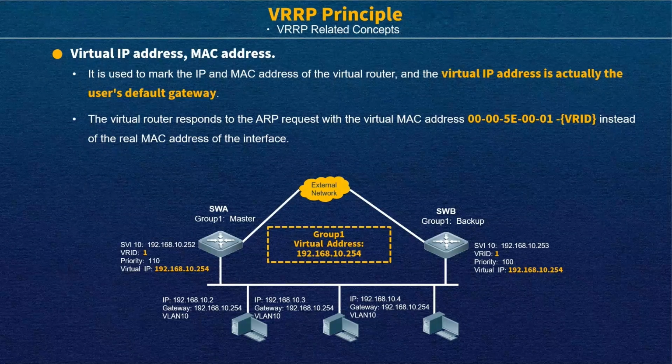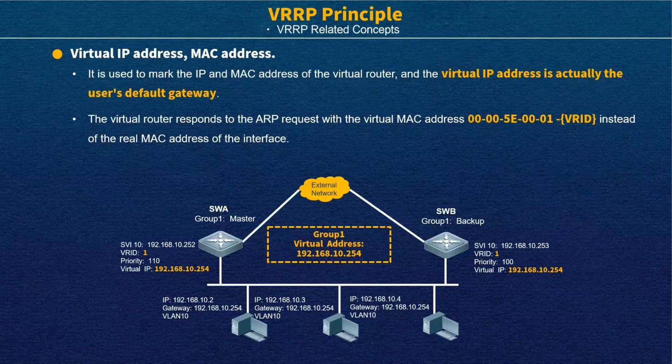So all the terminals will find I still use the same gateway. But if you change the mode to the real MAC address, the MAC addresses of switch A and switch B are different. So the terminals have to refresh the ARP table if the master and backup change. So this is the function, and you have to know the special virtual MAC address.